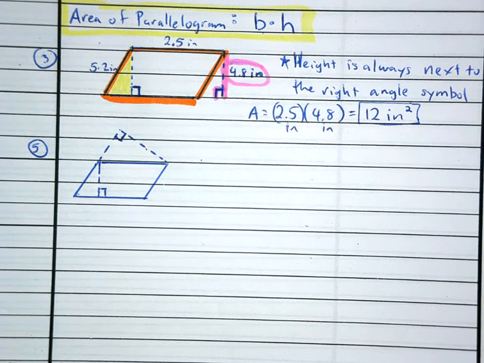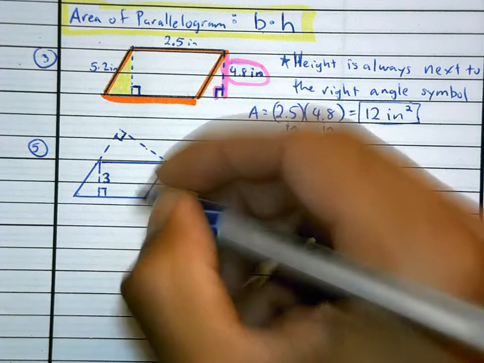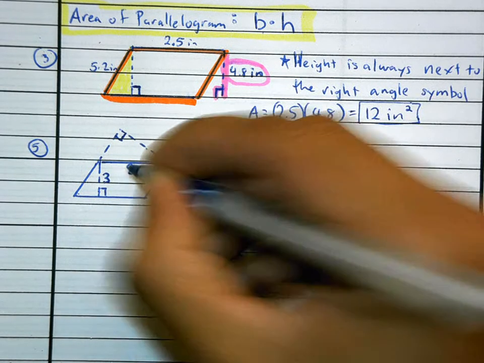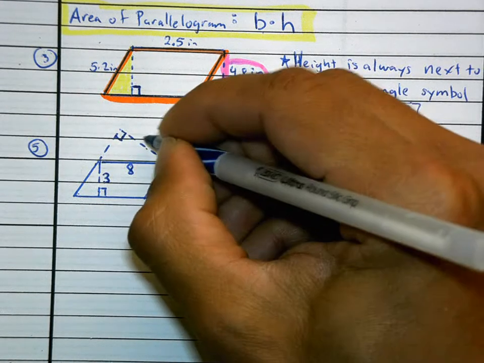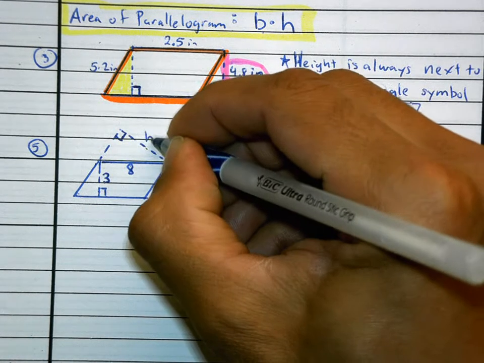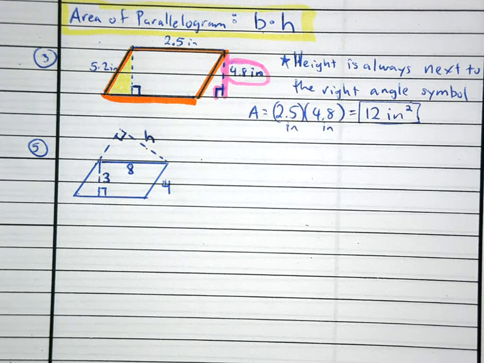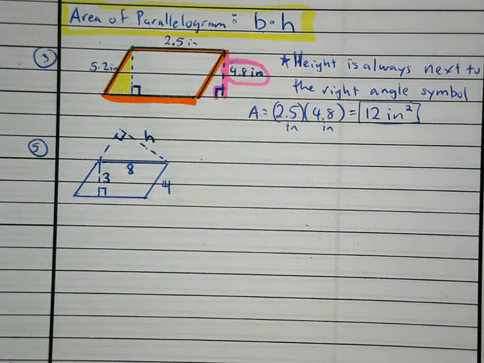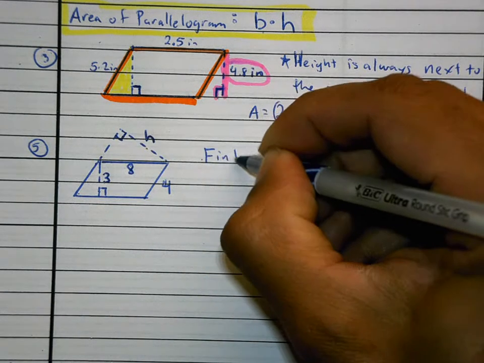And it says this is 3. It says this is 8. It says this is 4. And this is H. It's a crazy drawing. And it's going to say find H.